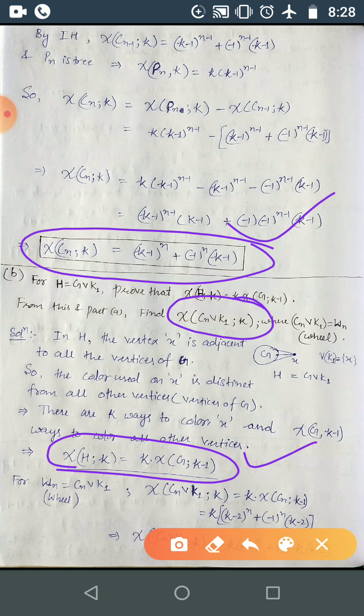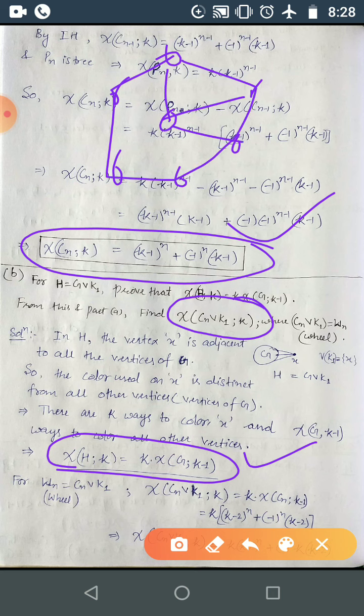Cn will look like a cycle of order n, and joined with K1, it will look like a wheel. That's why it is also called a wheel. So if someone asks you for the chromatic polynomial for a wheel, then you can give this expression, correct?